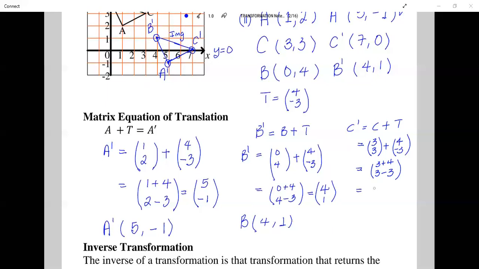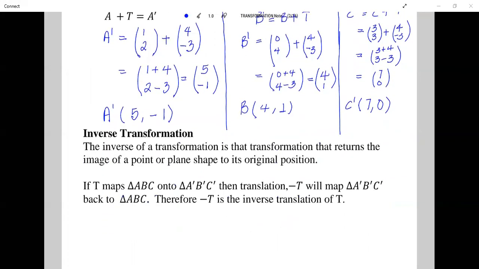So this is going to come out to be 7, 0. And so C prime is the point 7, 0. From this section, what you need to take away is that the matrix equation for translation is A plus T is equal to A prime, or A prime is equal to A plus T.